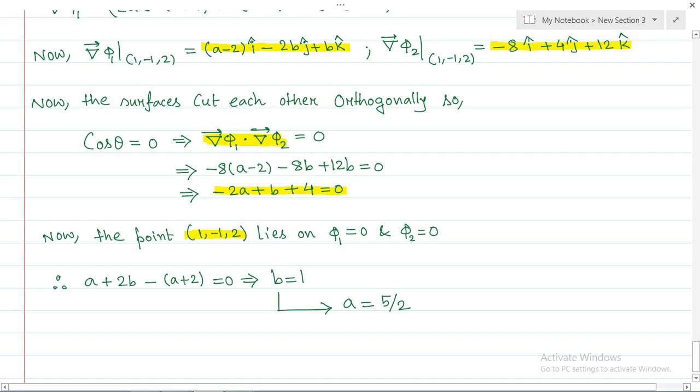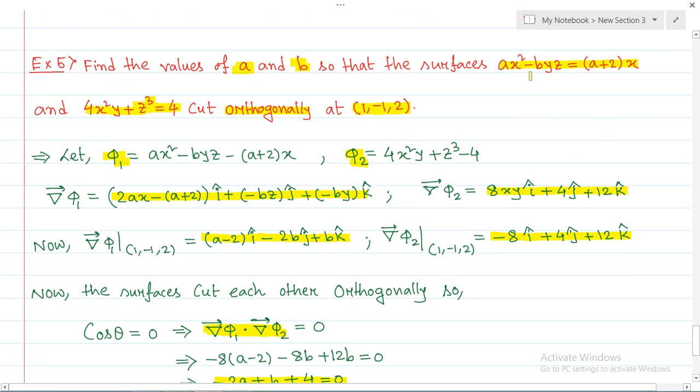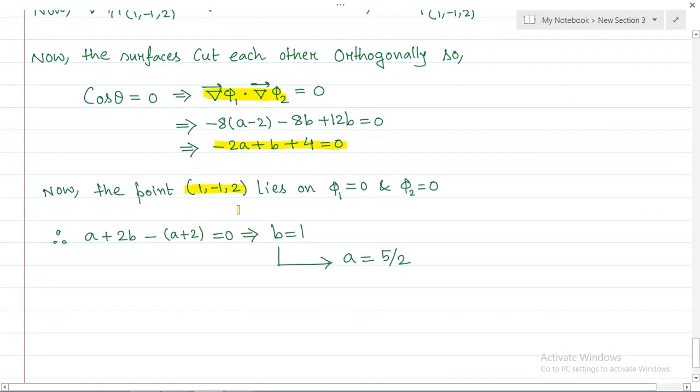So we have phi 1 as a x square minus b y z equals (a plus 2) x. Here we substitute x equals 1, y equals minus 1 and z equals 2. From there we get another relation between a and b, and the value of b comes directly as b equals 1.